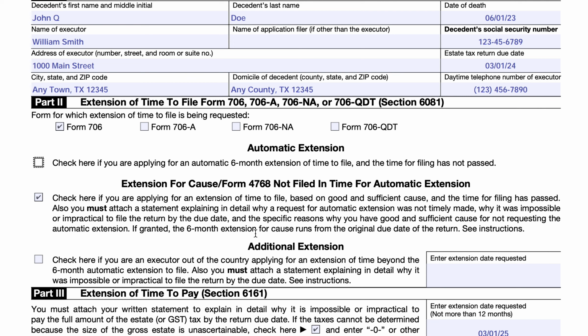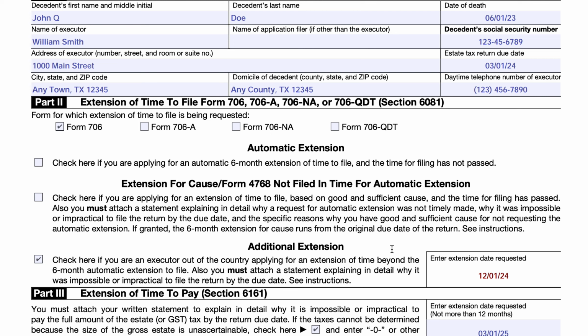So if you apply for the additional extension, you're including a statement, but then you're also entering your extension date requested. So let's just say that you requested an extension to December of 2024. If this is approved, the IRS generally won't send you a notification that this was approved.